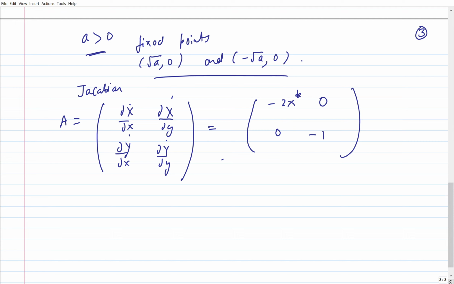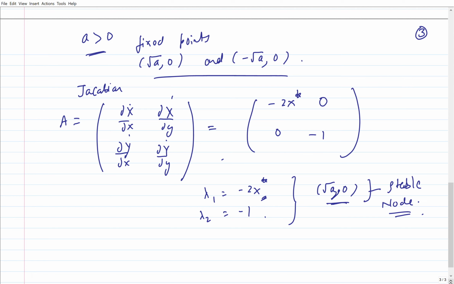So that's the Jacobian, and the eigenvalues are essentially these guys. As you can see, this is going to be for the fixed point at square root of a comma 0. This is going to be a stable node because both directions are leading to the fixed point.